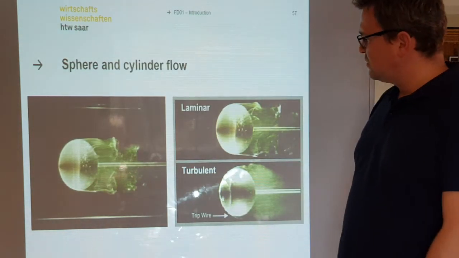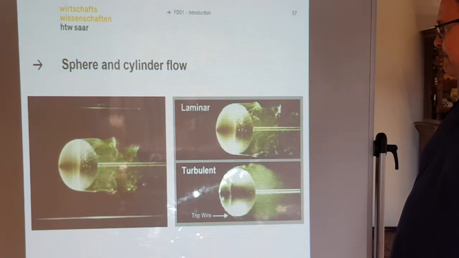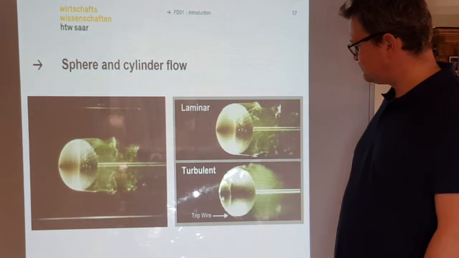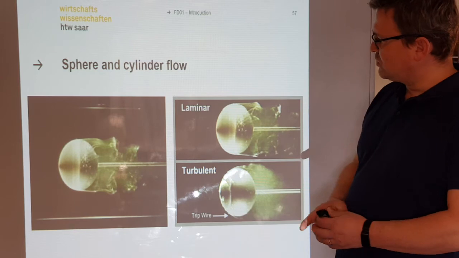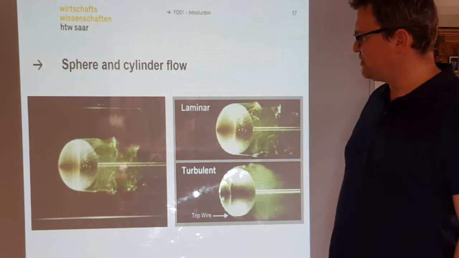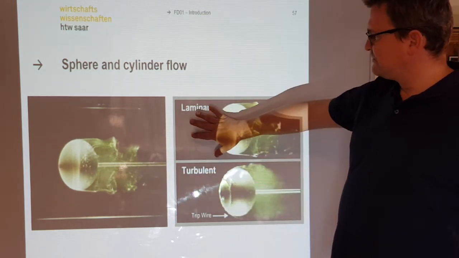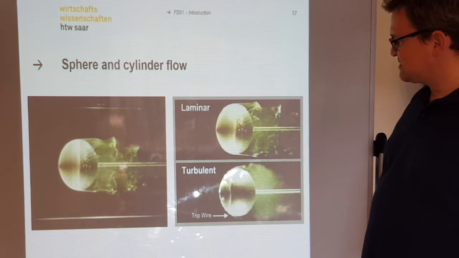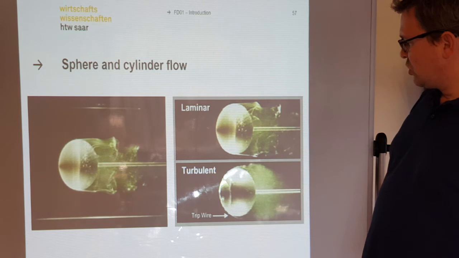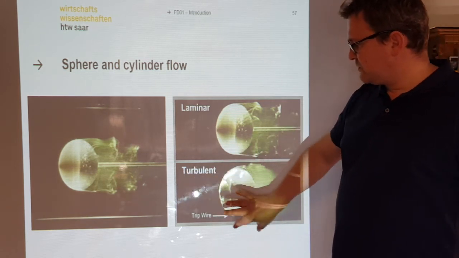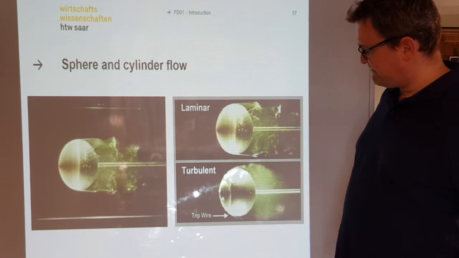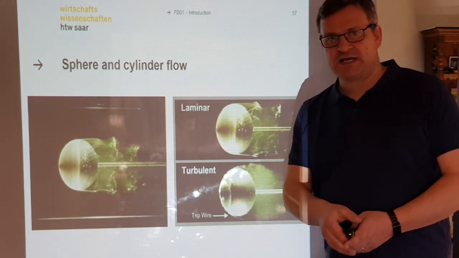Or, for example, this picture here is a ball in water, and depending on the velocity of the water, the fluid flow can be laminar, where you see these laminar swirls behind the ball, or the fluid flow can be turbulent, and then you see much faster swirls behind this ball.